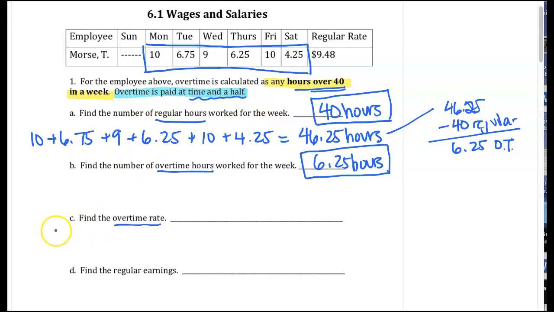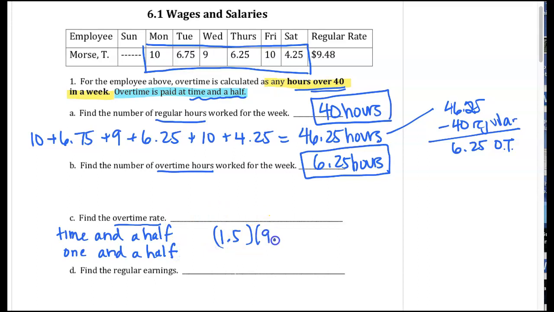Time and a half is like saying 1.5. So if we take 1.5 times the $9.48 that would typically get paid, we end up with $14.22 per overtime hour.